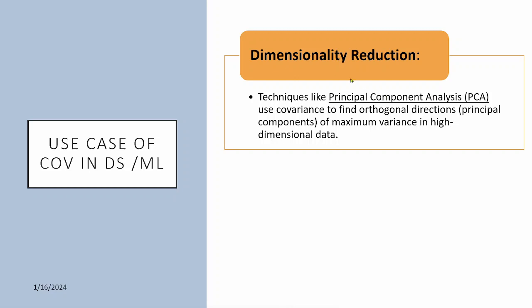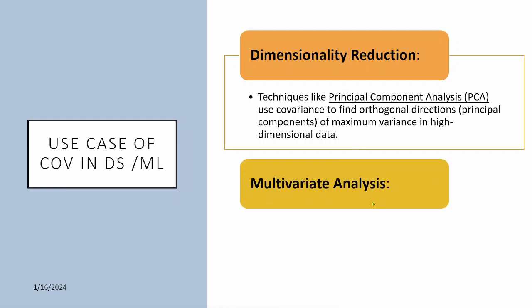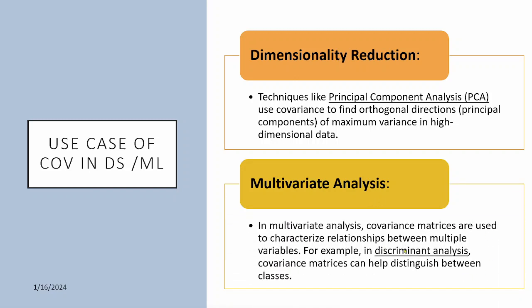In order to get these dimensionality reduction algorithms to work, we use covariance in the backend. Multivariate analysis also utilizes the concept of covariance a lot, for example discriminant analysis, which is a topic for our discussion in the feature extraction section. And you will see how the concept of covariance is used in discriminant analysis as well.